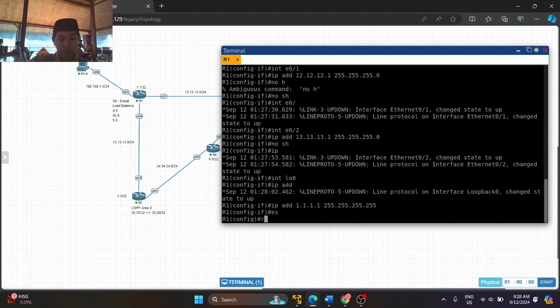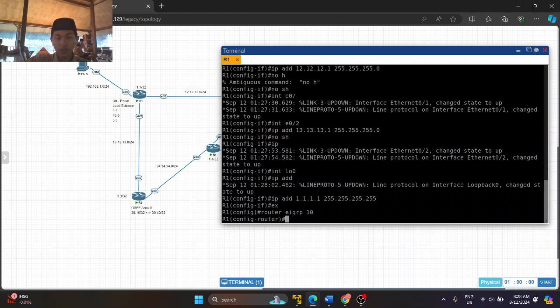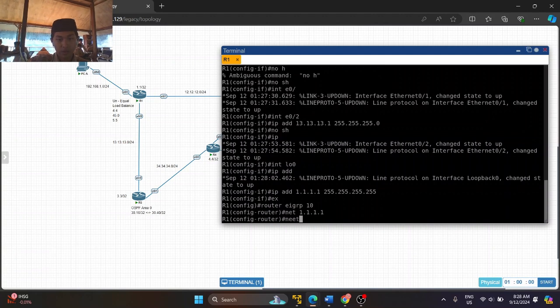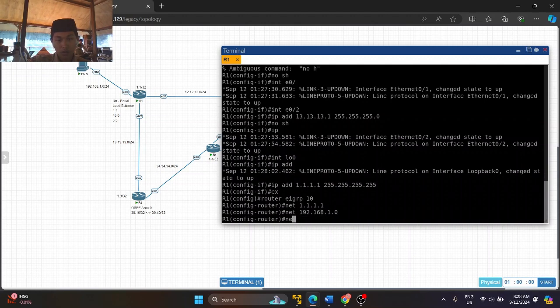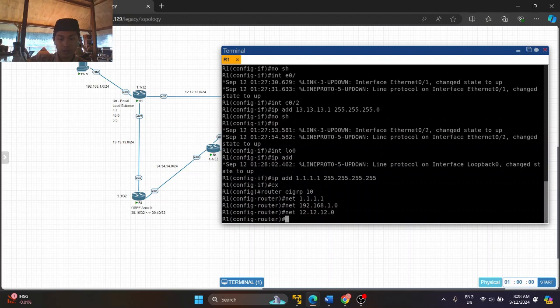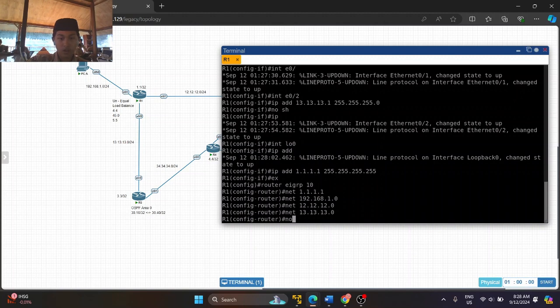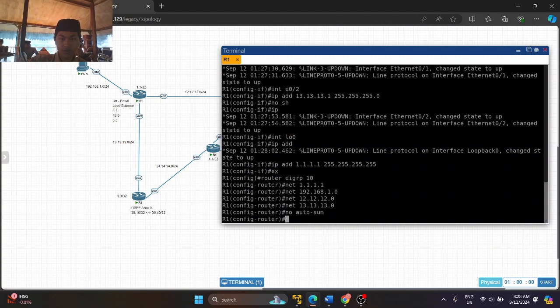Now let's move to router EIGRP 10, network 1.1.1.1, network 192.168.1.0, network 12, network 13, then add no auto-summary, then exit.